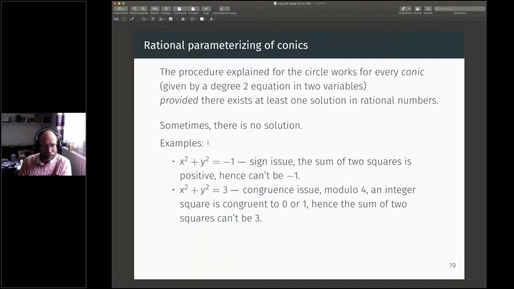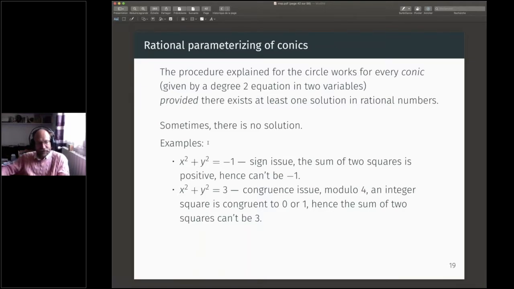Let's assume we were looking for integers just to simplify the explanation. If I take an integer and square it, then if the integer is even, the square will be a multiple of 4, and if the integer is odd, then the square will be of the form 1 plus a multiple of 4. So on the left-hand side, x squared would be either 0 or 1 modulo 4, and same for y squared. So the sum could be 0, 1, or 2 modulo 4, and could not be 3.